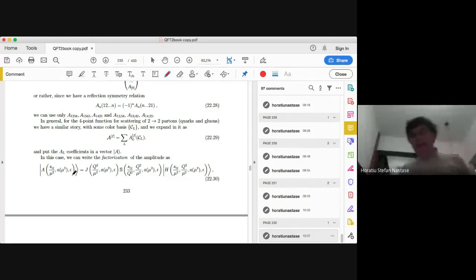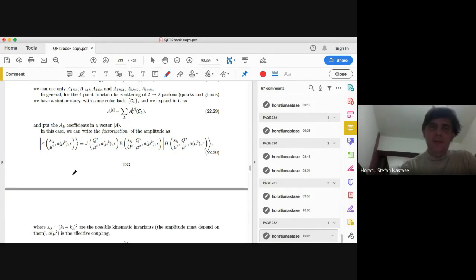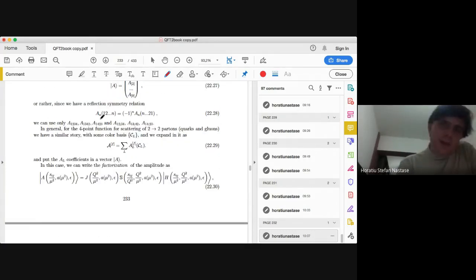All right. So now the factorization of the amplitude, for gluon amplitudes. Specifically, I described for you 2 gluons going to 2 gluons, but this particular structure is true more generally for gluons.